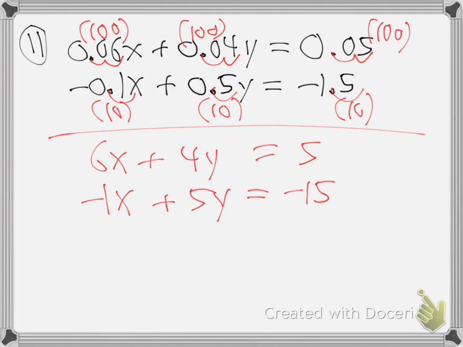You want to make those x's be opposites, so you would multiply the bottom by 6. I'm just going to do that and go dot, dot, dot. You've done a bunch of them already. You know what to do from there. That'll make those x's opposites. Add them up, they'll cancel. You'll get an answer, whatever it may be. I have no idea. Is that good?